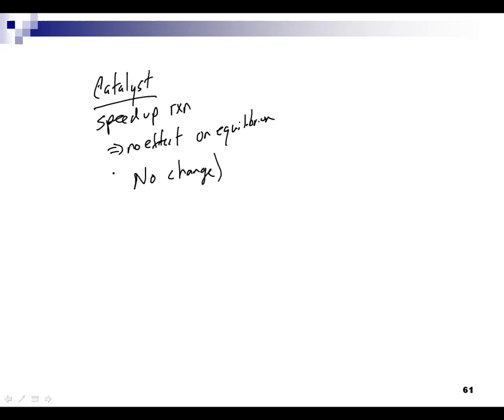When you're doing Le Chatelier's principle, it is possible to get a no change situation. In a no change situation, it's not going to shift to the right or to the left. It's just going to stay where it's at. One very common way you could get a no change answer is if you added a catalyst. Another common way is if you added something like a noble gas, which is a chemically inert gas, which will have no effect on it as well.